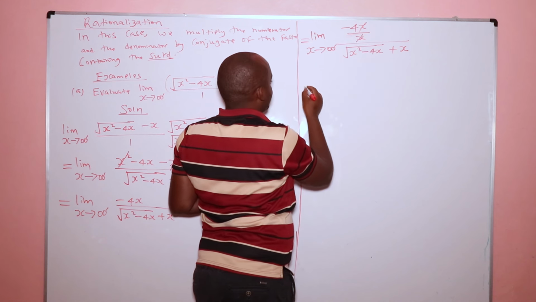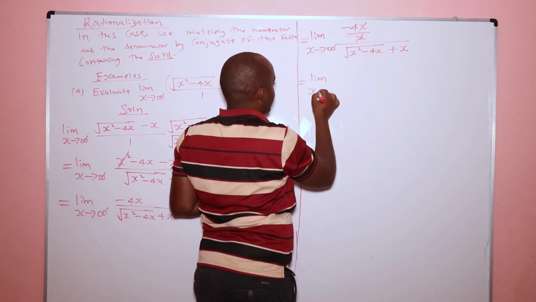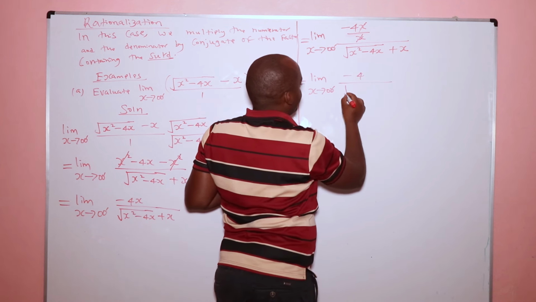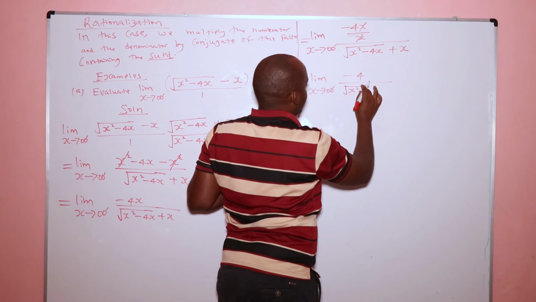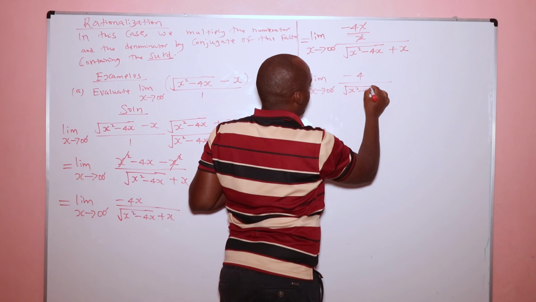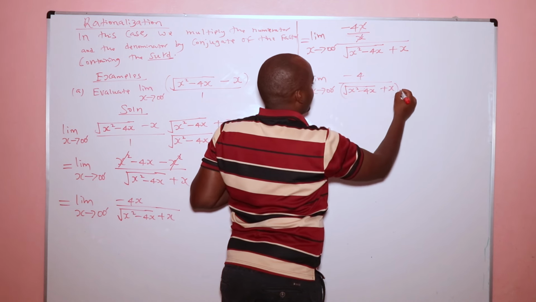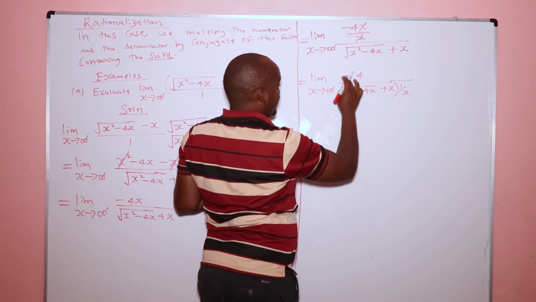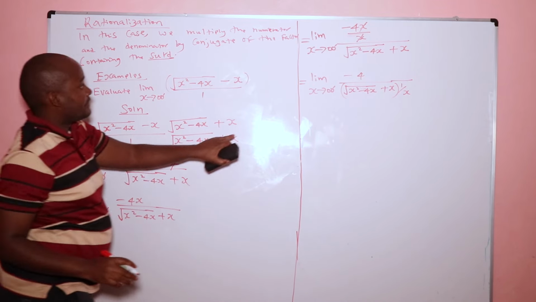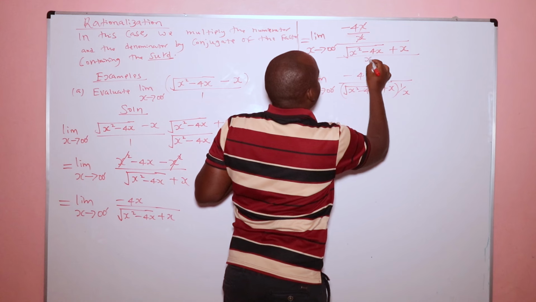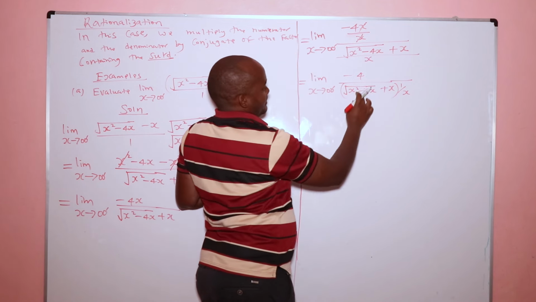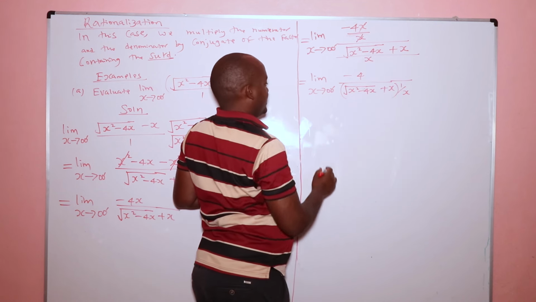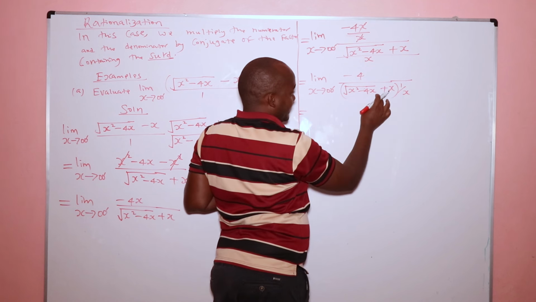So this will cancel with that one, so that we are left with the limit as x approaches infinity of negative 4 divided by root x squared minus 4x plus x, all this multiplied by 1 over x. Because we are dividing by x here initially, the denominator is divided by x. This is just the same as taking the denominator and multiplying by 1 over x. So you can open the brackets, and this multiplies everything here.